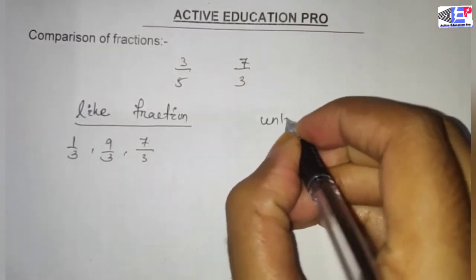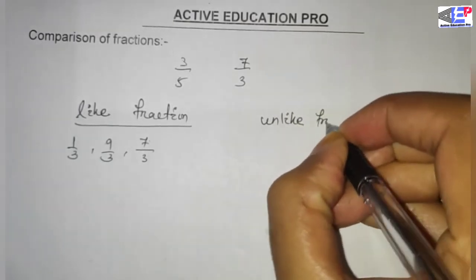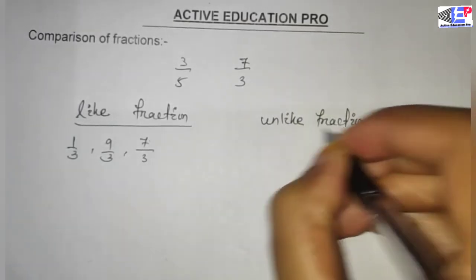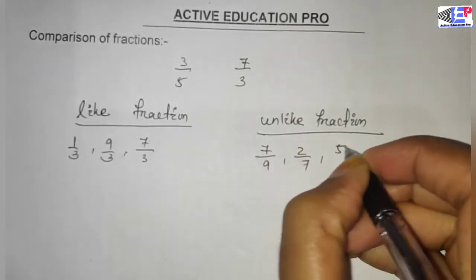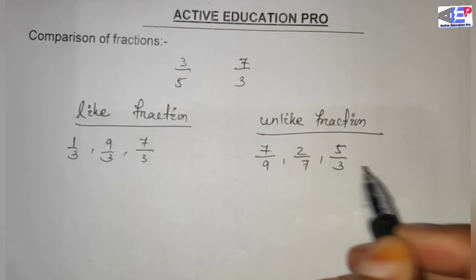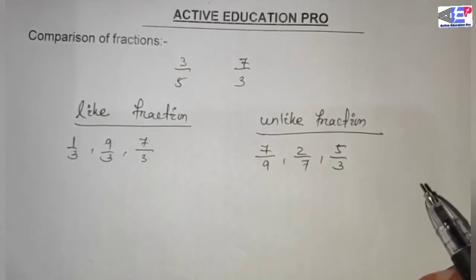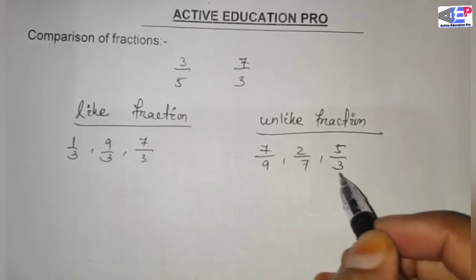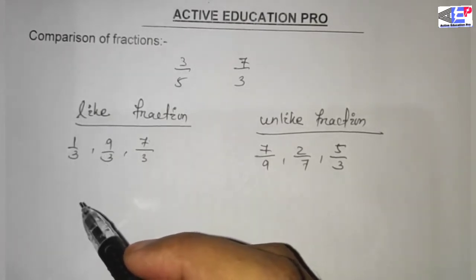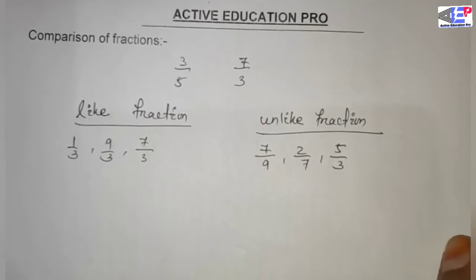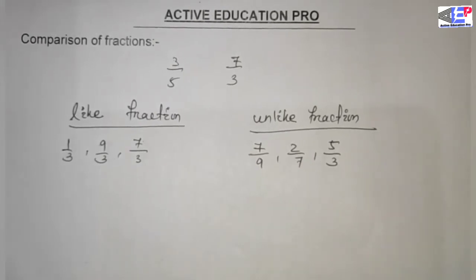Then the next type is unlike fractions. Here the three fractions are unlike fractions because they have different denominators. In the case of like fractions, it is very easy to compare according to their numerator's value.